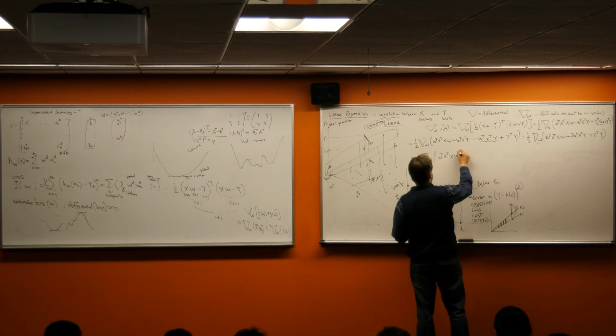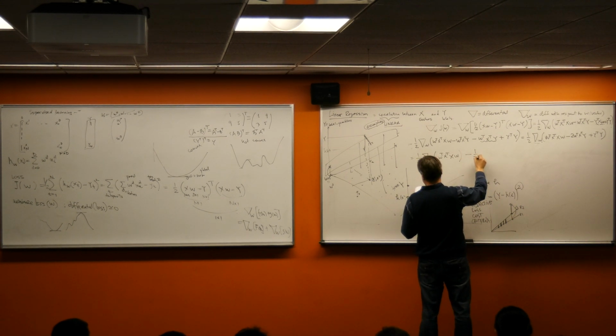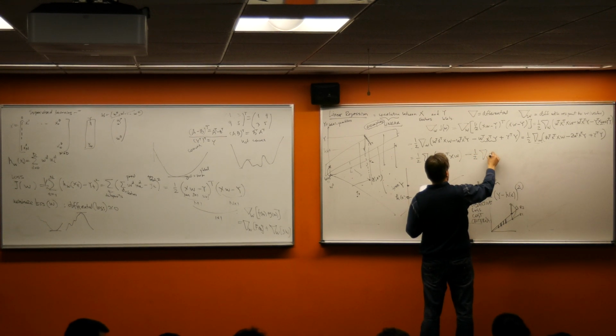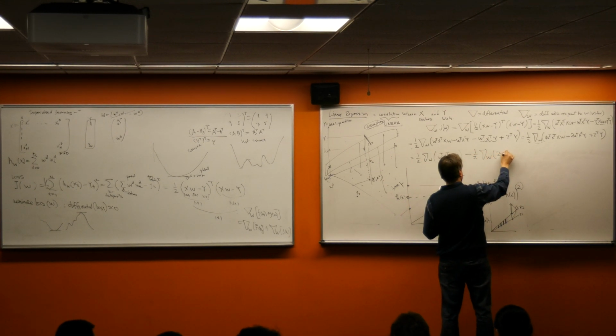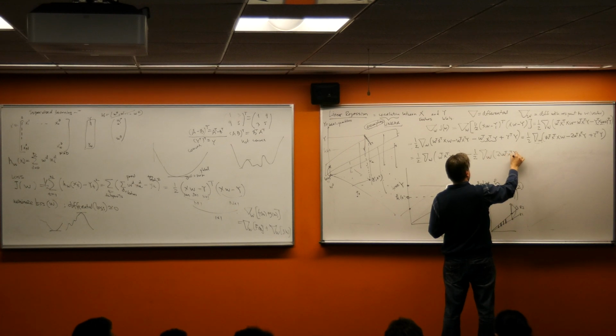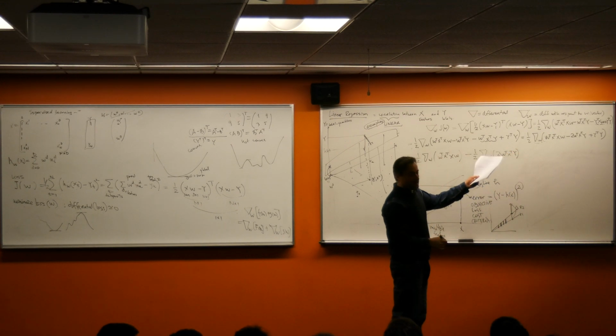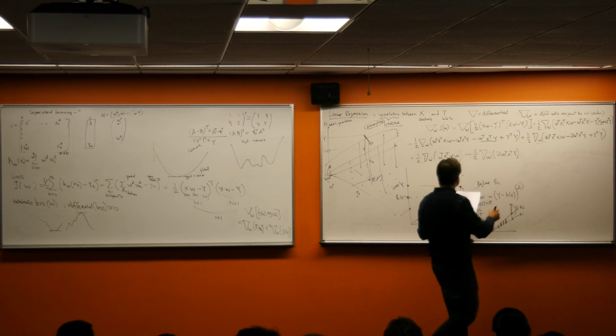That is the differential of this minus 1/2 differential of 2 W transpose X Y. The other one I'm not going to write because it's 0, we just said that.